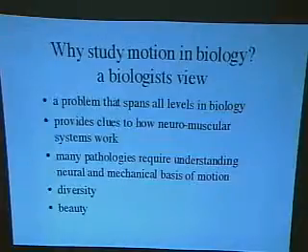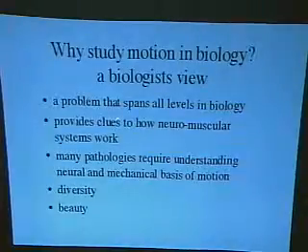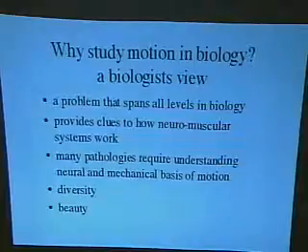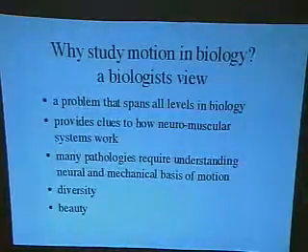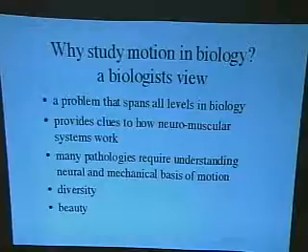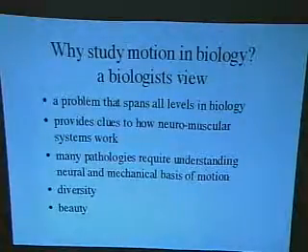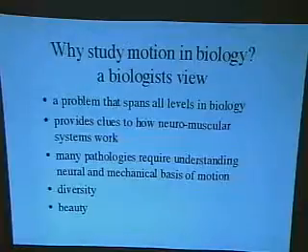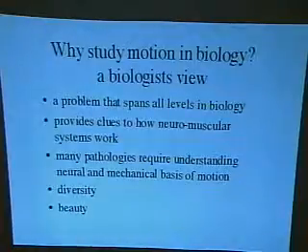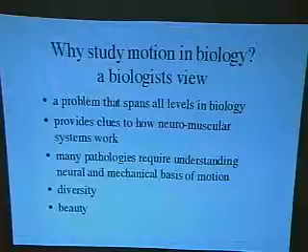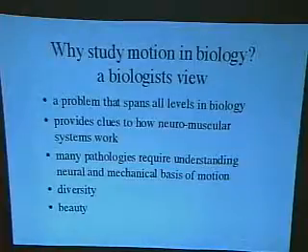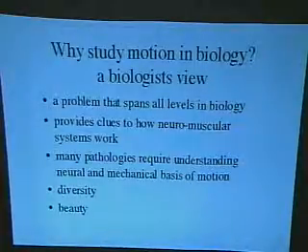And we'll go on to say it does provide clues to how neuromuscular systems work. Many pathologies require understanding both the neural and mechanical basis of motion. For example, if you were a bioengineer interested in developing technology to help paralysis, we have a project that works on paralyzed vocal cords or paralysis in locomotion.